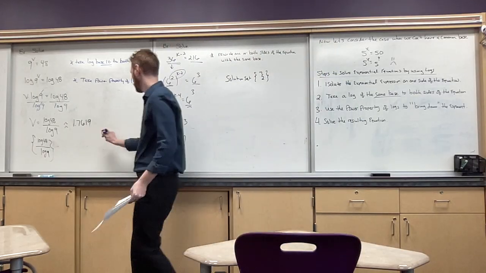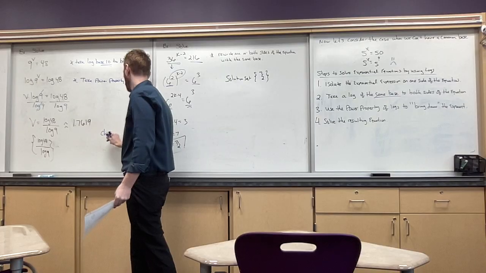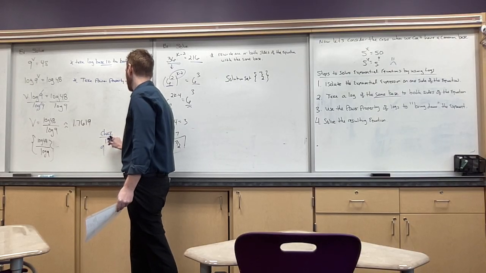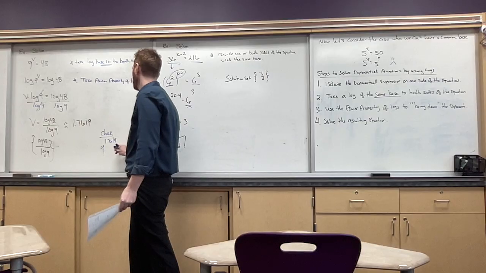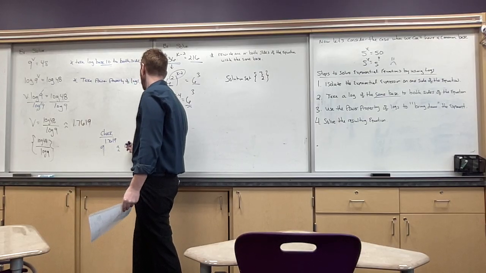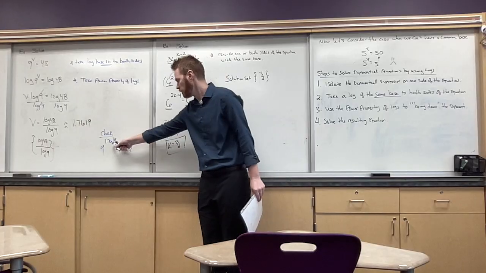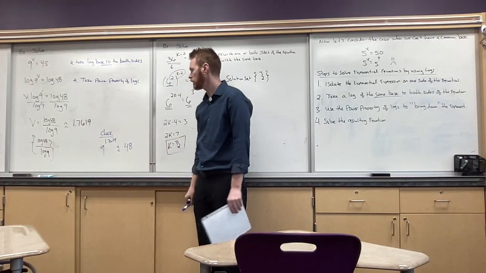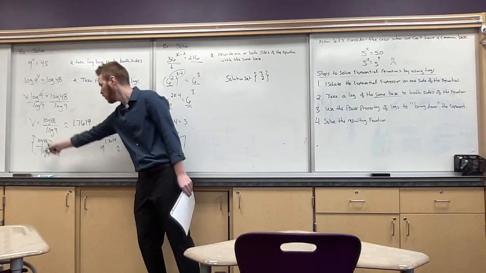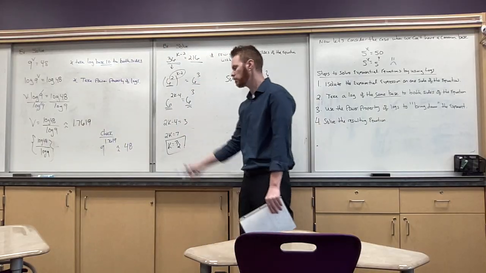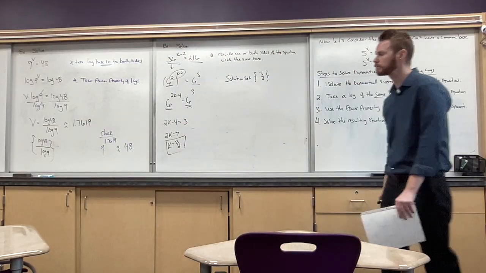So if you want to check, okay, you could do 9 to the 1.7619 power. And it does get close to 48. It is approximate. And the reason why it's approximate is because you are rounding if you just use that. Okay? If you raise it to this whole entire thing, which keeps all the decimal places and all the values to it, you'll get more exact to 48.